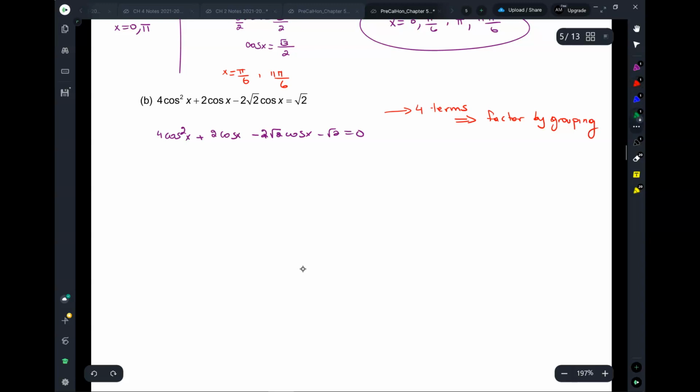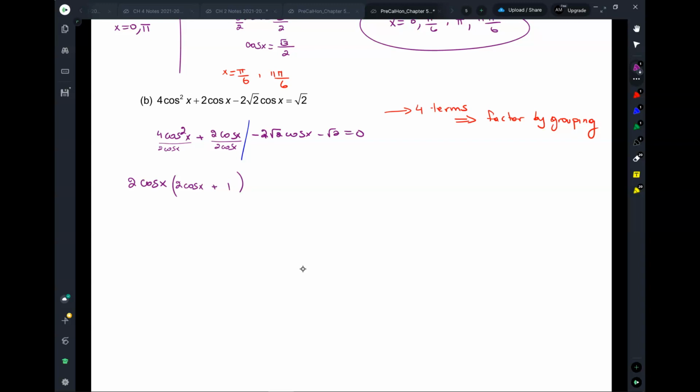Okay. How do we factor by grouping? You're going to split it down the middle. From the left-hand side, I can factor out a 2 cosine x. And I have left, so if I divide by 2 cosine x, I have 2 cosine x plus 1. Yes?